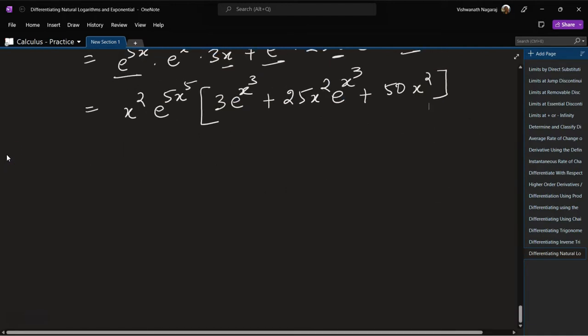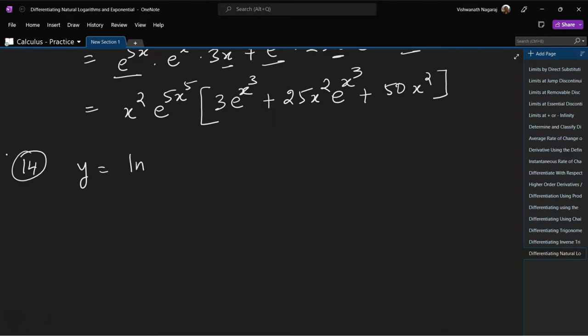Okay, 14th one, y is equal to natural log of 2x to the 4 times natural log of 3x to the power of 5. We can use logarithm rules, or we can just directly apply the product rule.